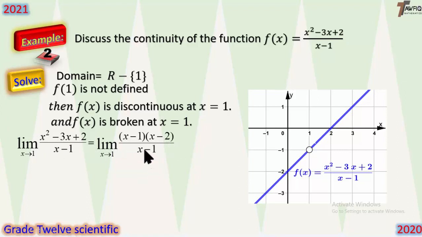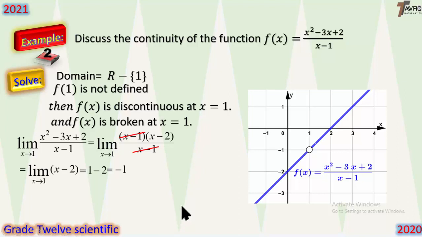Therefore, cancelling x minus 1 with x minus 1, and then the limit is equal to 1 minus 2, which is minus 1. Because the limit exists, this discontinuity is removable.